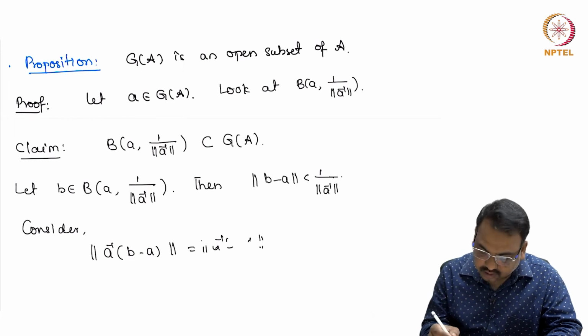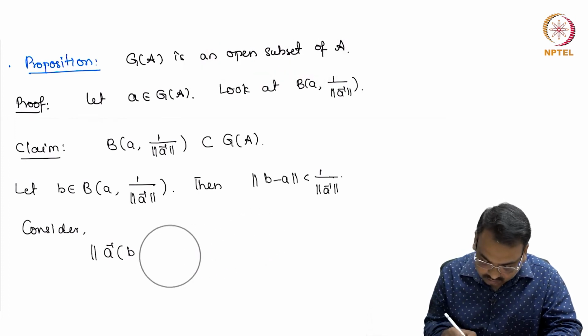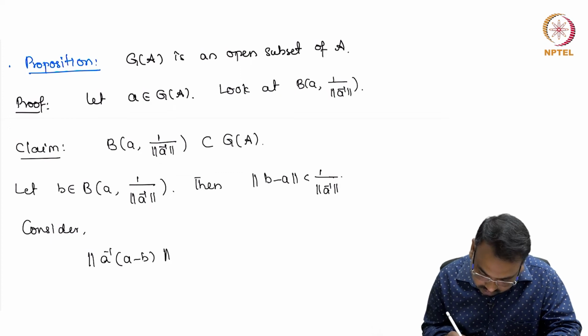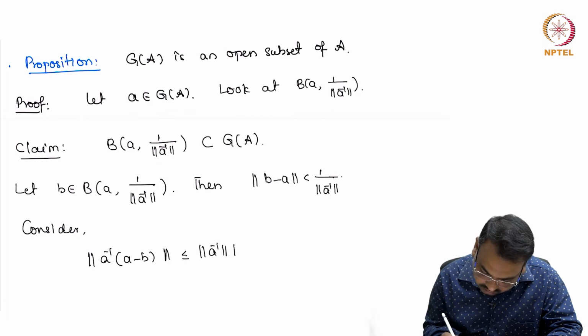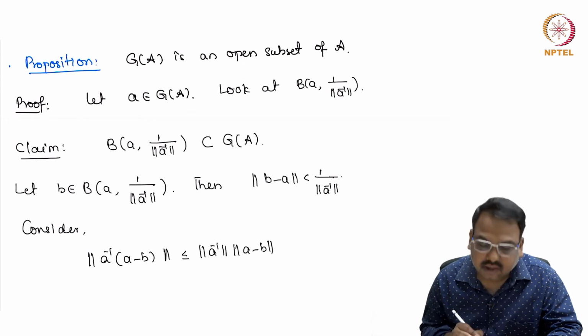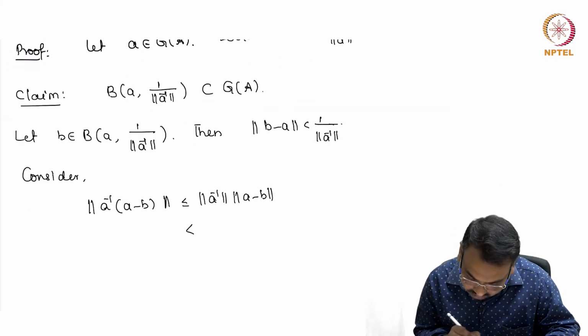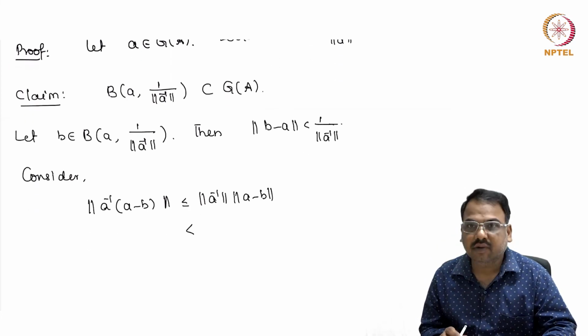We can write the other way: norm of A inverse times (A minus B). This is less than or equal to norm of A inverse multiplied by norm of A minus B, because of the algebra norm, and norm A minus B is strictly less than 1 by norm A inverse.